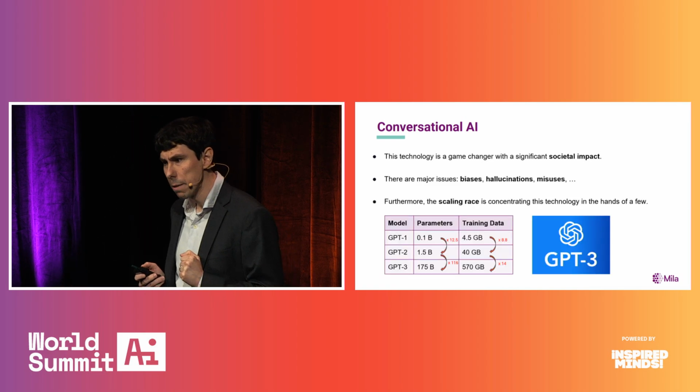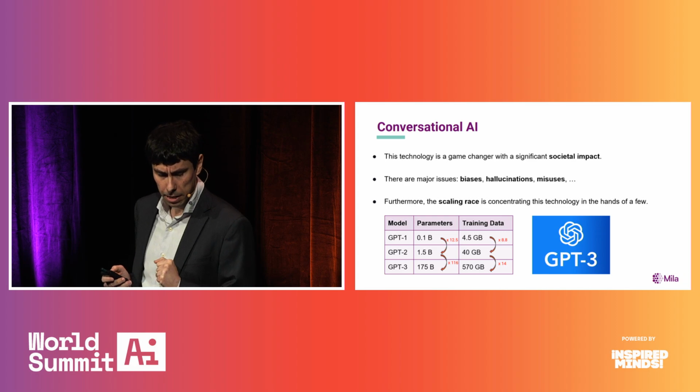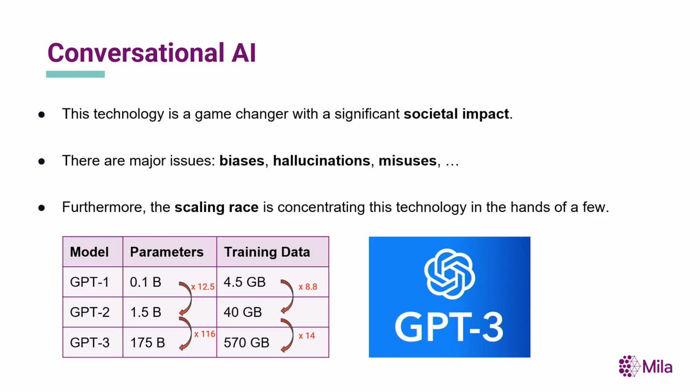But what I'm really scared about is also this scaling race that is taking place. What does this mean? It means that every time we train a model which is bigger and trained with more data, we have a better performance, right? And this trend is not ending. Why is this dangerous?